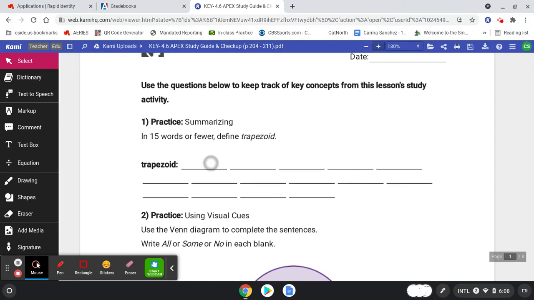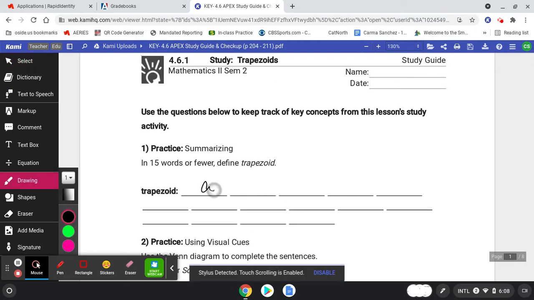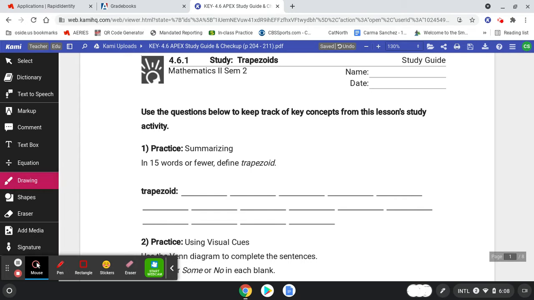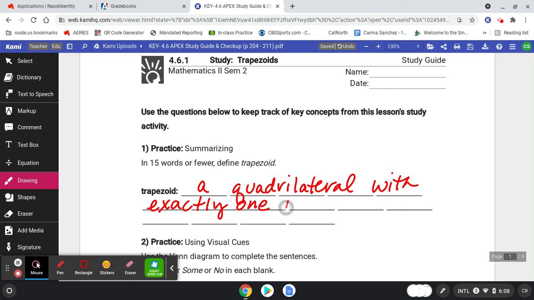This would be a quadrilateral with exactly one pair of parallel sides. So go ahead and draw one for yourself.